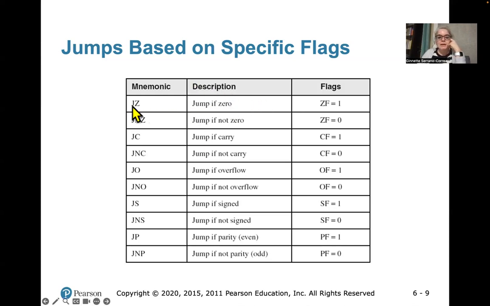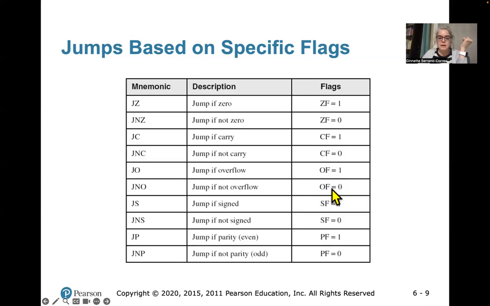So this is jump if zero, jump if not zero. So since we're talking about zero, then of course the zero flag is going to get set. Jump if carry, jump if not carry, we're going to be looking at the carry flag. Jump if overflow, jump if not overflow.